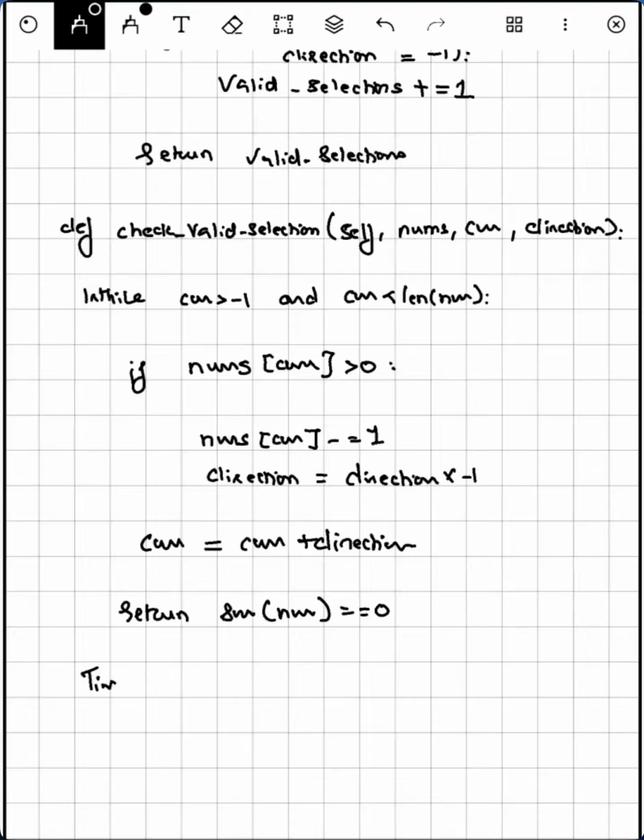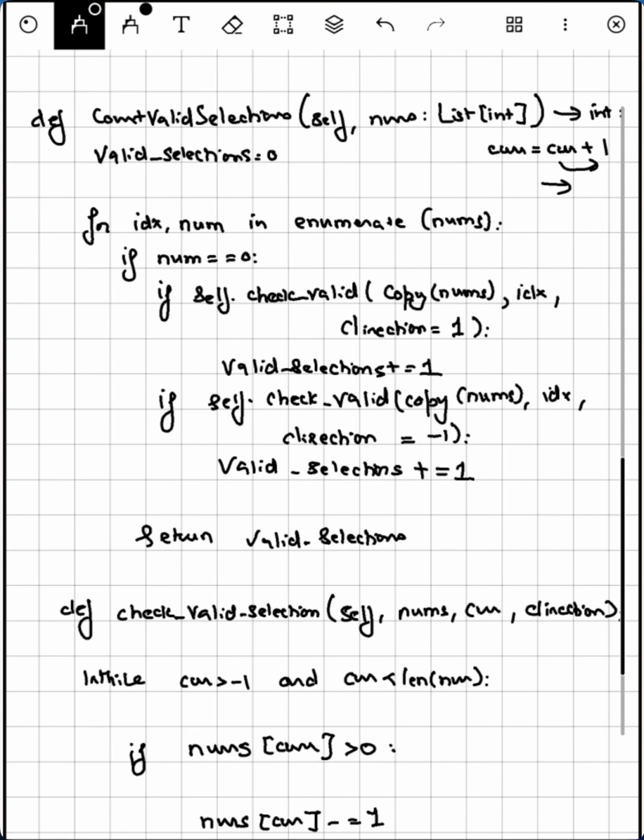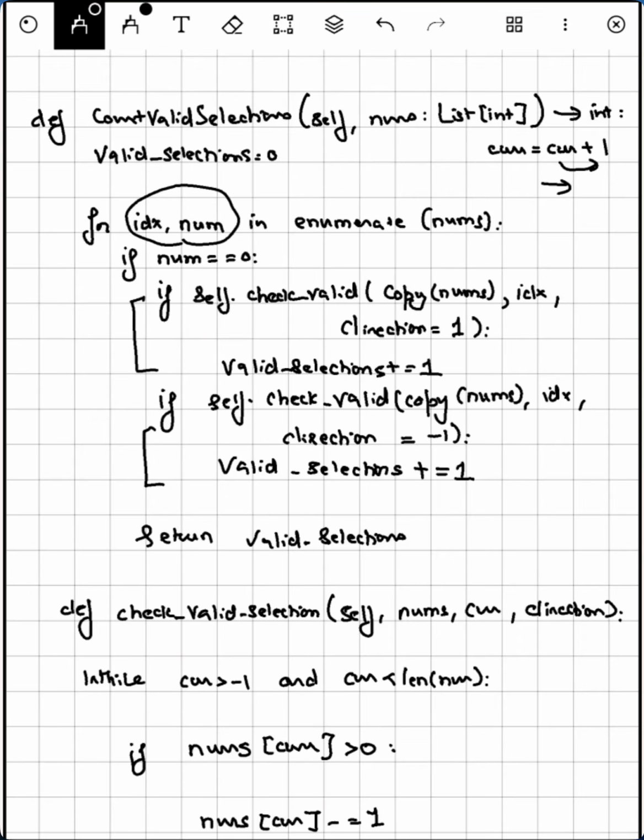In terms of time complexity, we are traversing for every index, and for every index we are doing approximately n traversals. So the time complexity is n squared. For the space complexity, at a time we are dealing with only one function call.